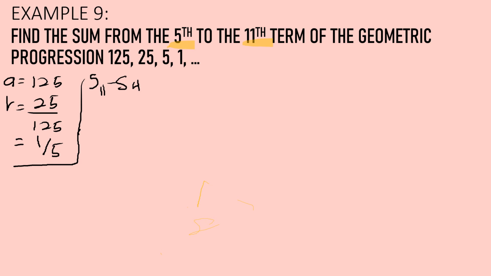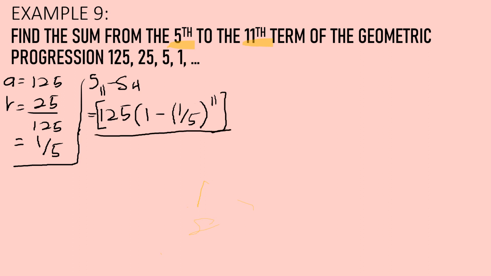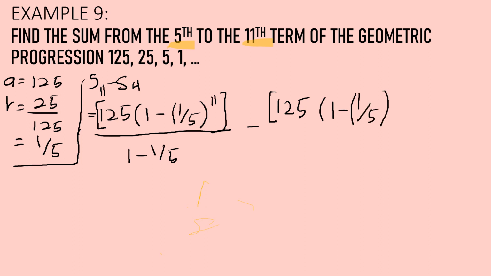S11, with R as 1 over 5, is 125 bracket 1 minus 1 over 5 power of 11, over 1 minus 1 over 5, minus 125 bracket 1 minus 1 over 5 power of 4, over 1 minus 1 over 5.